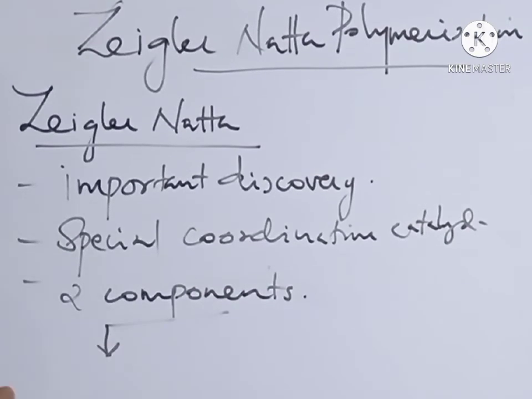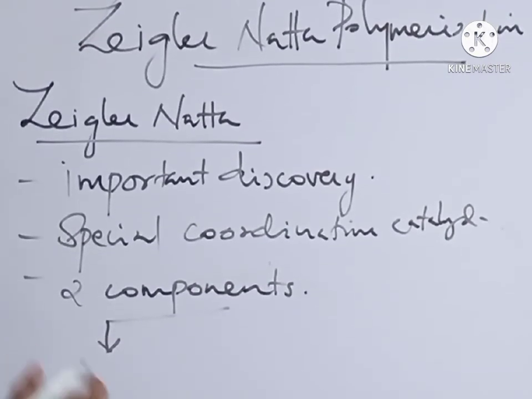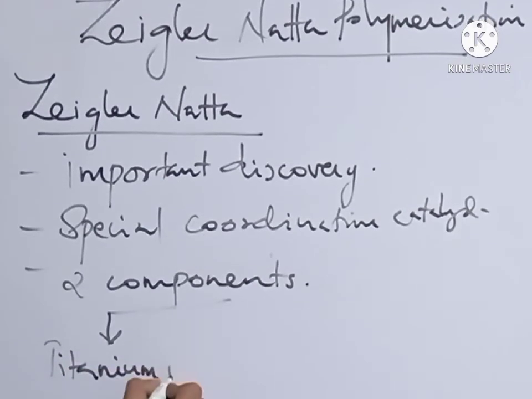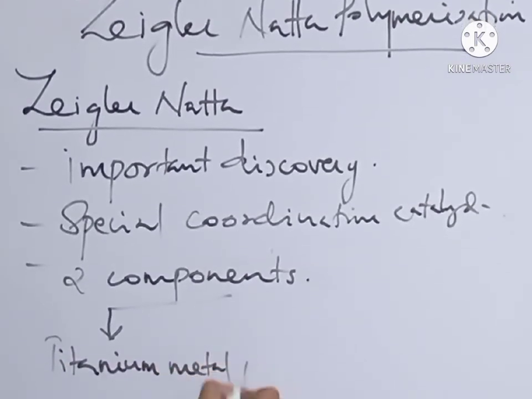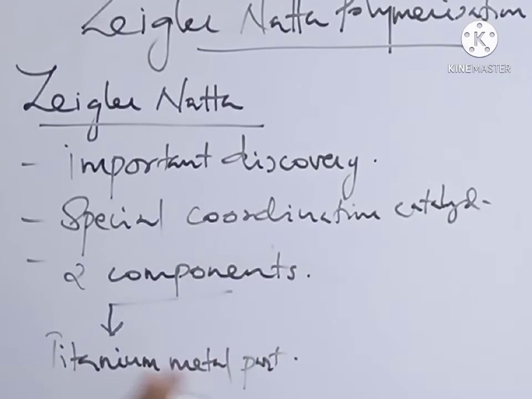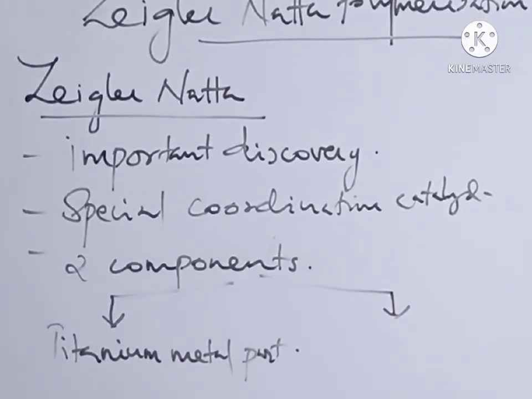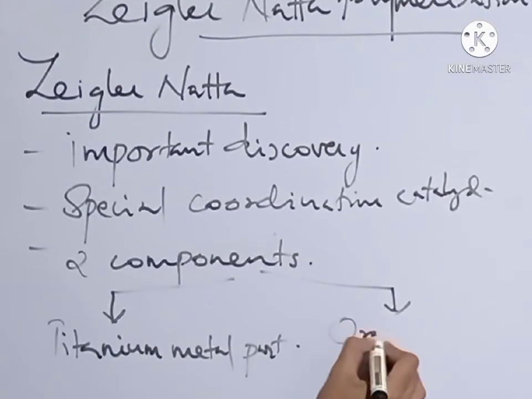One is a titanium metal part, or we can say a transition metal part, and the next one is an organo-aluminium part.